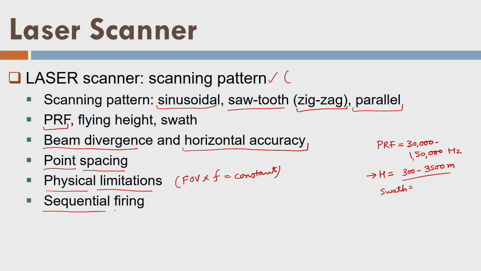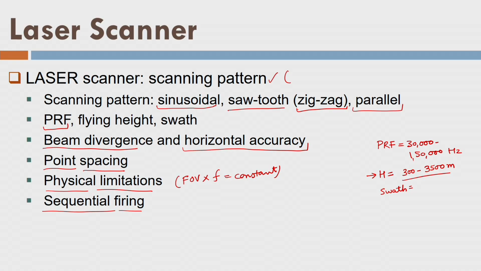And then we have sequential firing. So, that is another limitation we should always consider. What is the meaning of sequential firing and what is the impact of that? For example, if we fire, let us say, 30,000 pulses, what will happen? Each pulse will go and interact with the object surface. It will come back, be received at the receiver, and only after that will we fire the next pulse, right.